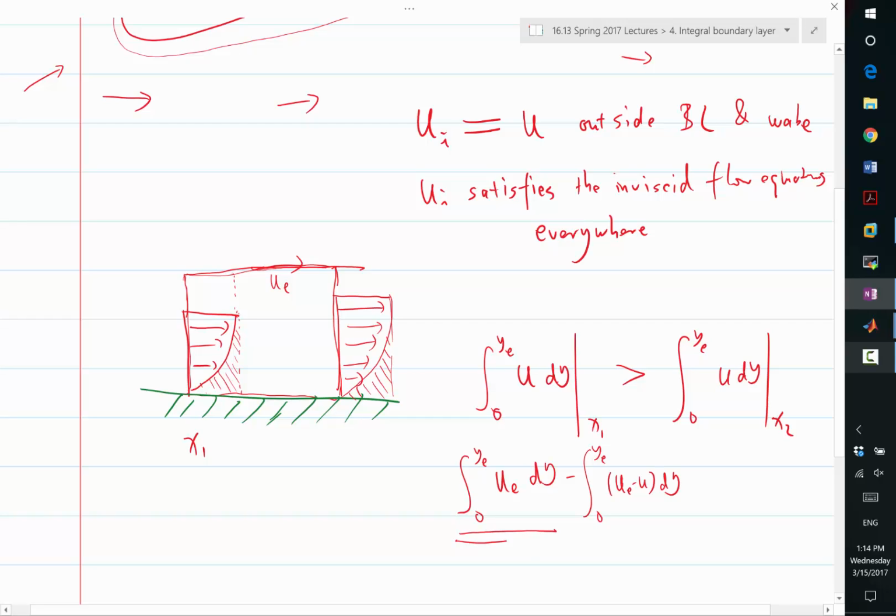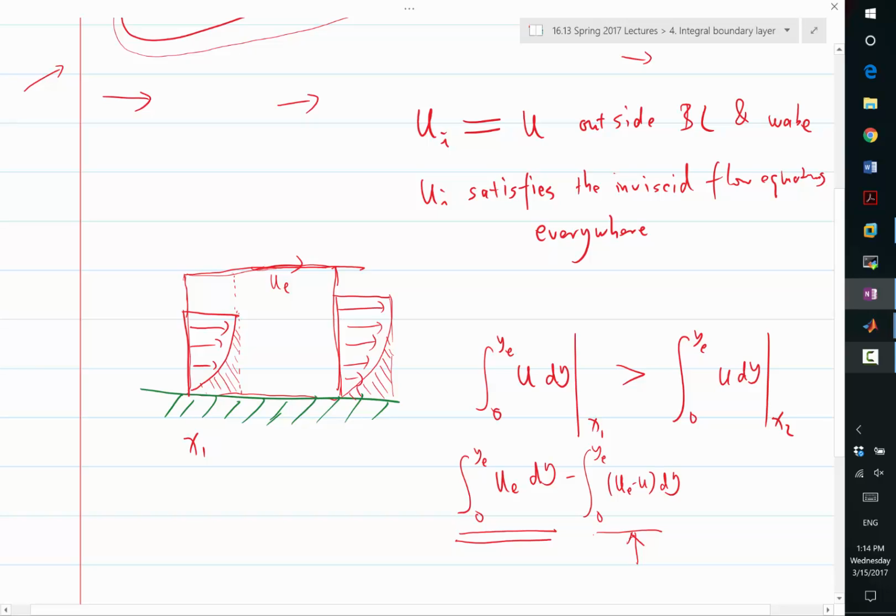The first part of the integral is the same whether I'm at x1 or x2, because I'm integrating to the same ue. Remember I said the top of the control volume is parallel to the wall. But this is the defect: the difference between my edge velocity and the velocity inside the boundary layer. This difference is what I draw as the shaded area.